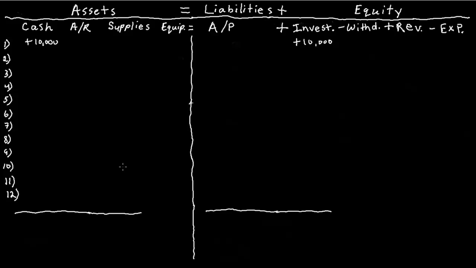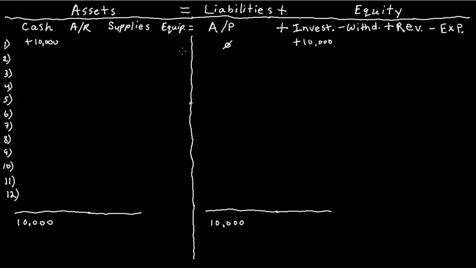I'll try to keep a running total down here so that we can ensure that our assets always equal our liabilities plus our equity. So we have $10,000 of assets, and we have $10,000 of liabilities plus equity.